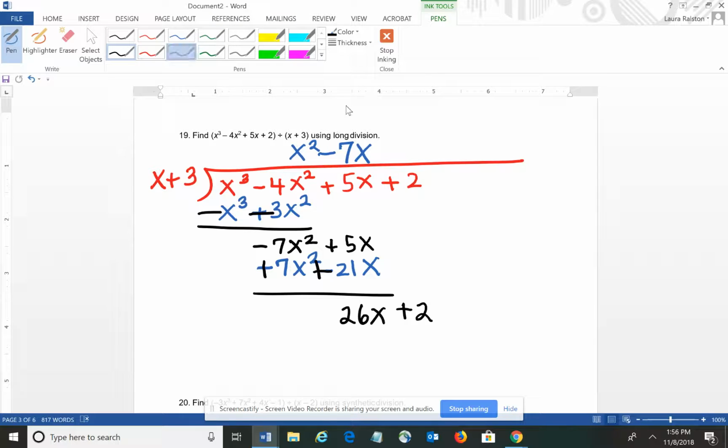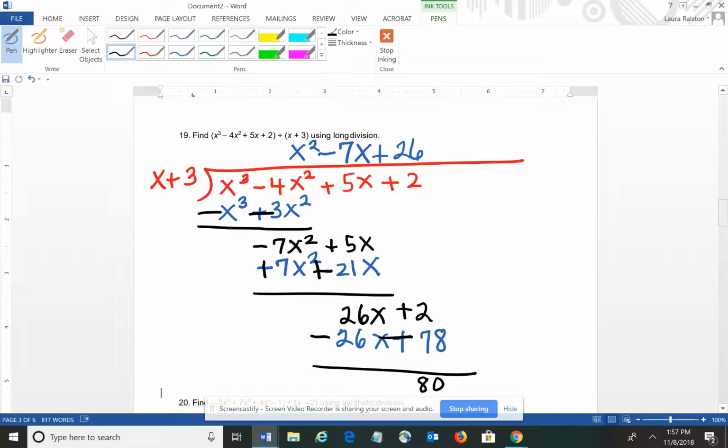Do it again. X times what would give me 26x? I need 26. 26 times x is 26x. 26 times 3 is 78. Then again, we draw the line and change the signs. 2 plus 78 is 80.